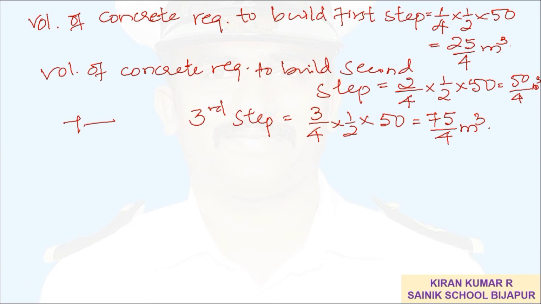If you observe the pattern here, 25/4, 50/4, 75/4, each time there is an increase of 25/4 meter cube. So it forms an arithmetic progression with the first term as 25/4, and the common difference is also 25/4.